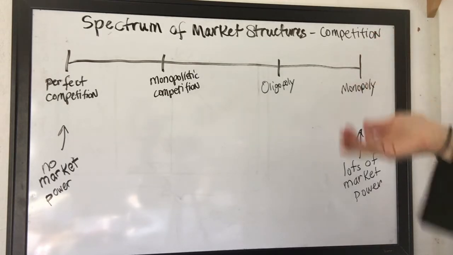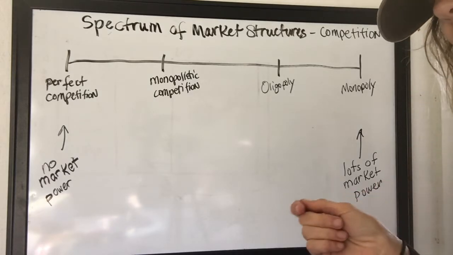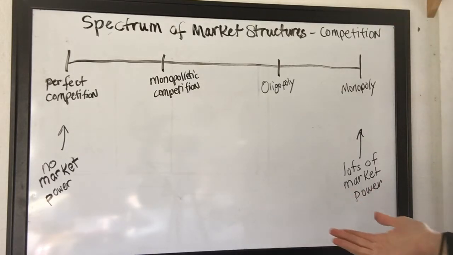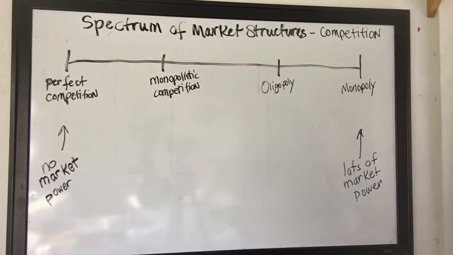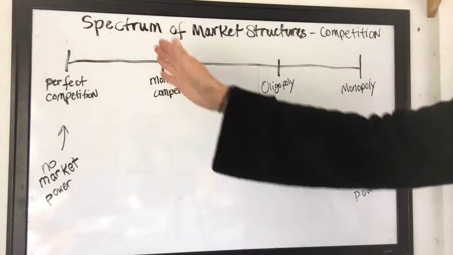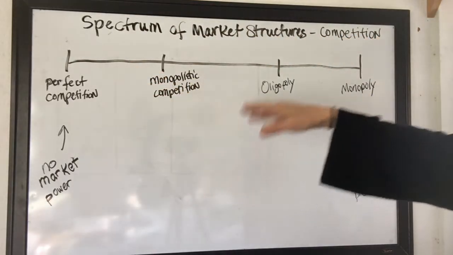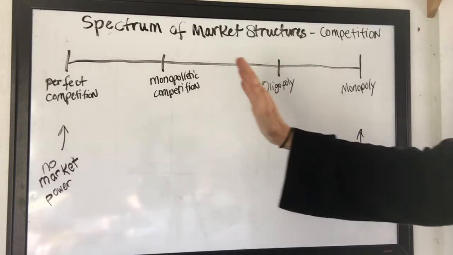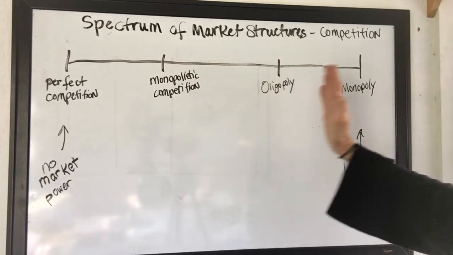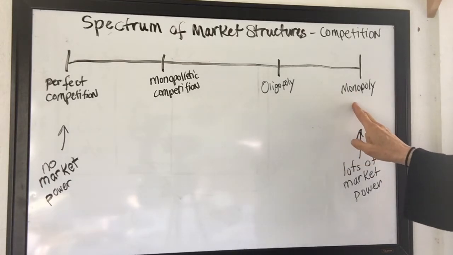It generally means that prices are going to be a little bit higher, and the equilibrium quantity that's delivered into the market would be a little bit less than if there was more competition. So what we're looking at in this spectrum of market structures is the level of competition in each of these markets, and the less the competition, the more ability there is to hold monopoly profits.